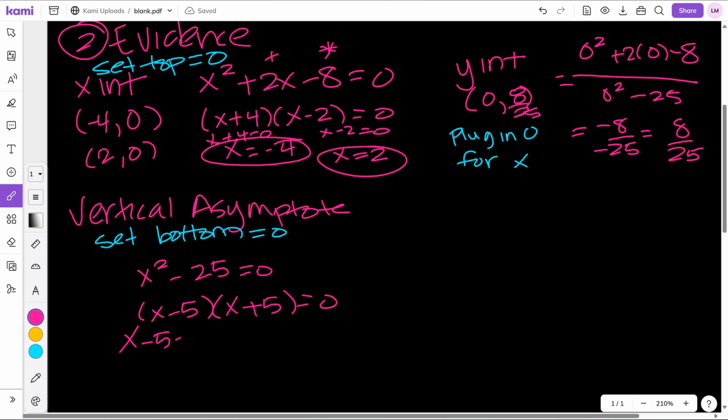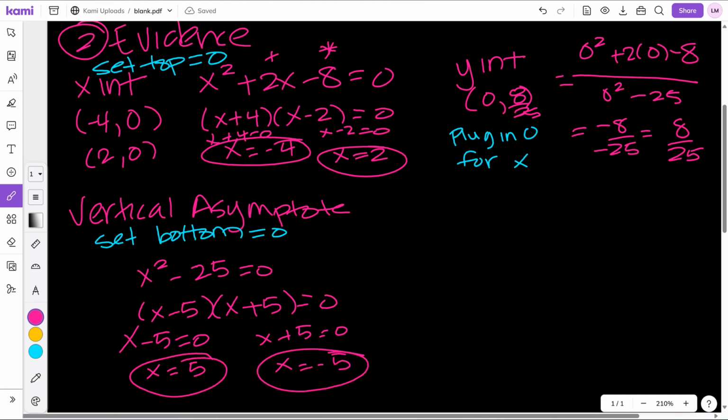So x minus 5 equals 0, x equals 5. X plus 5 equals 0, so x equals -5. All right, so those are my two vertical asymptotes. Those are vertical dashed lines that I'm going to put on the graph. And I usually just find the x-axis and draw those straight up and down at -5 and at 5. Now my graph is split into 3 pieces.